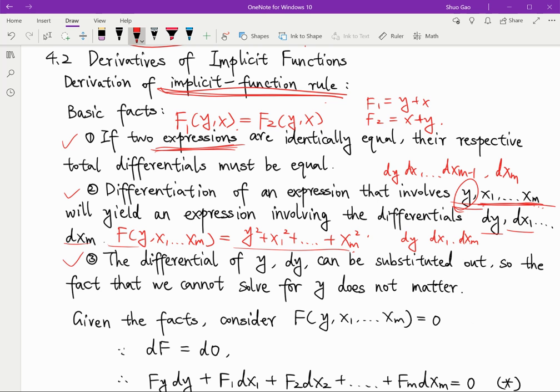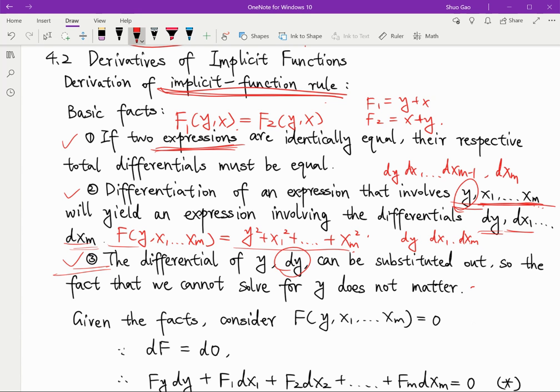So the third fact: the differential of y, which is dy, can be substituted out. So the fact that we cannot solve for y does not matter. After you take the differentials, you get dy, dx1, and all the way to dxm in the equation. The third fact means that you can always substitute out the dy.